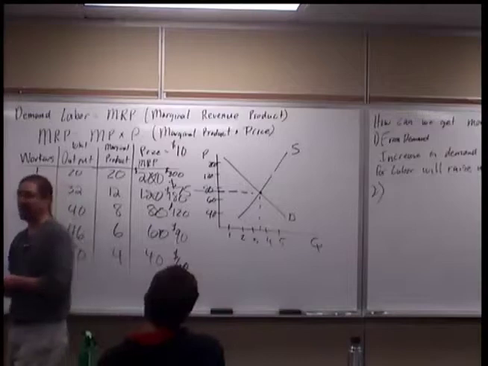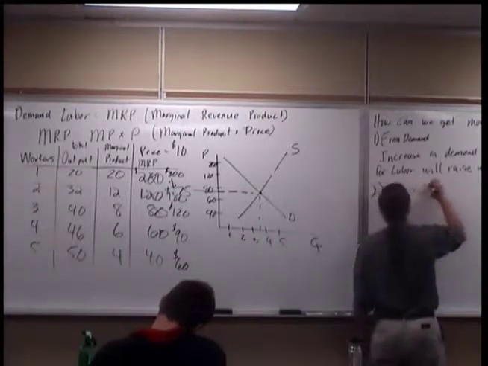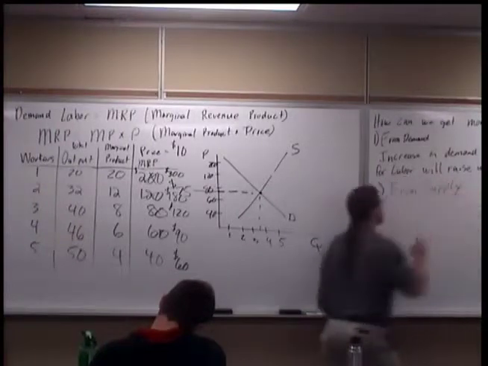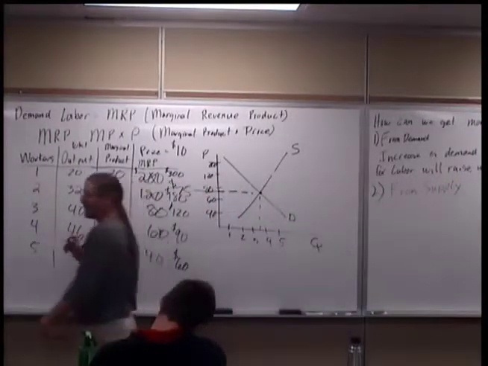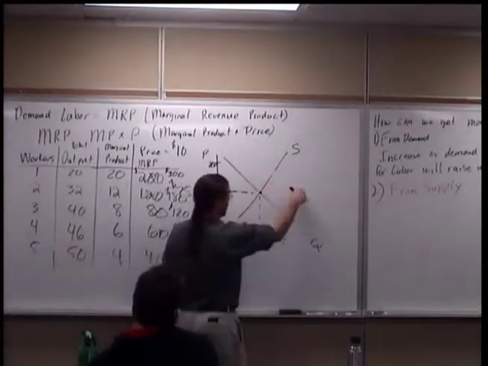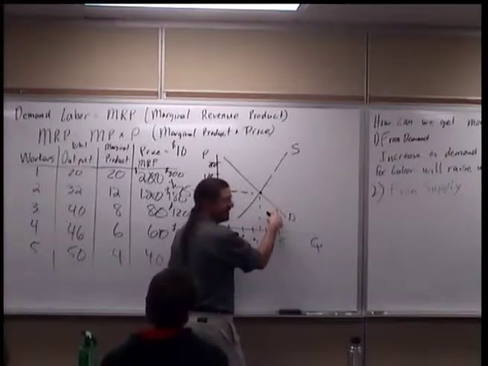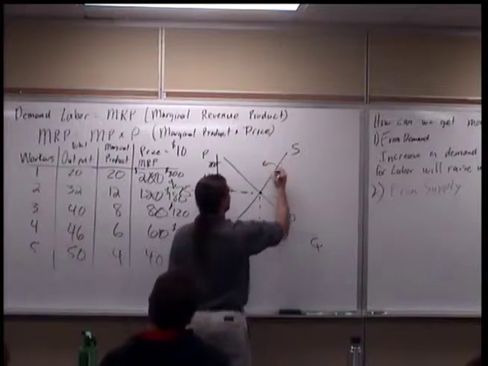So how else can we potentially raise the wage rate? Let's look at it from the supply side. What do we need to have supply do in order to have a higher wage rate? Well, if it shifts to the right, where's our equilibrium point? We don't want that. We have to shift it the other way.